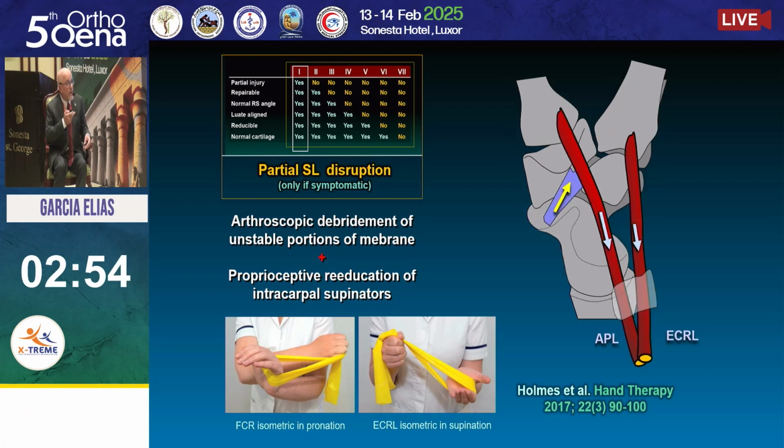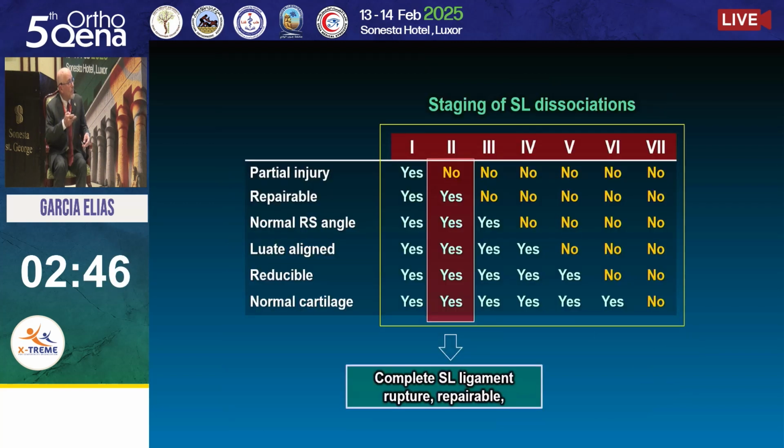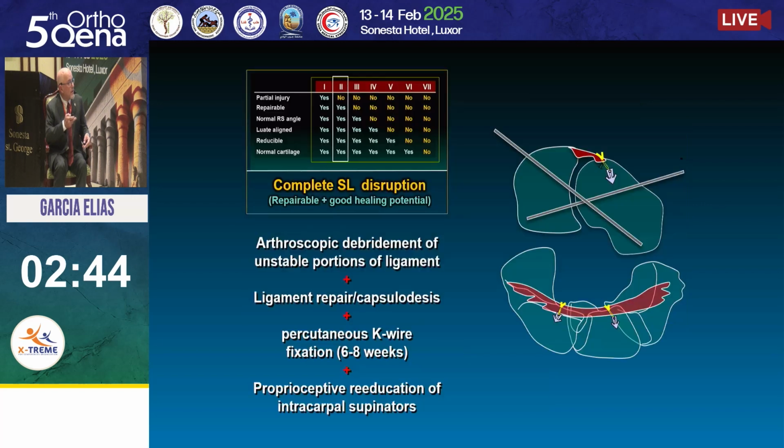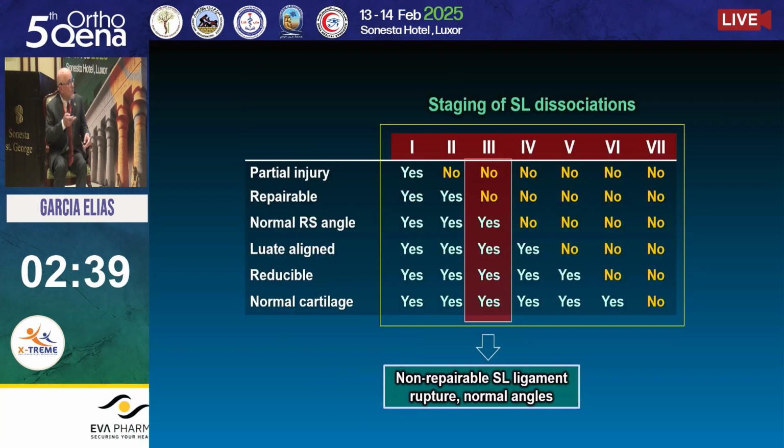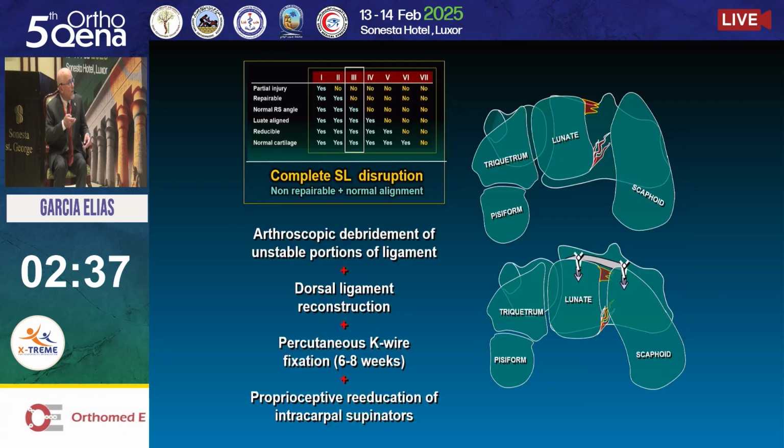If you use that, you can provoke that reduction that is so important. And then you have the capsulolysis. We have seen that, so maybe we should go on.